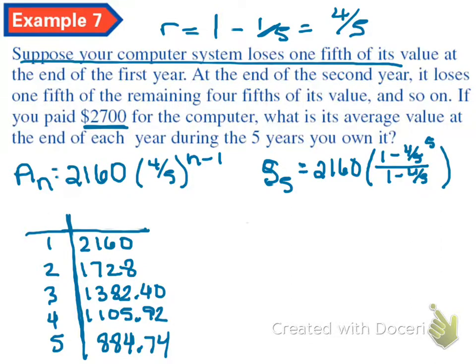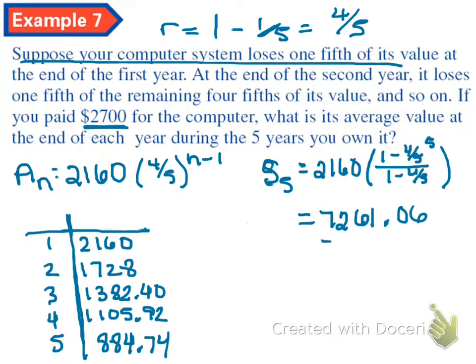Simplify this using your calculator. You will find the sum at the end of 5 years was $7,261.06.